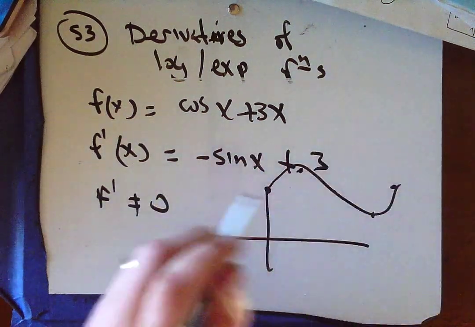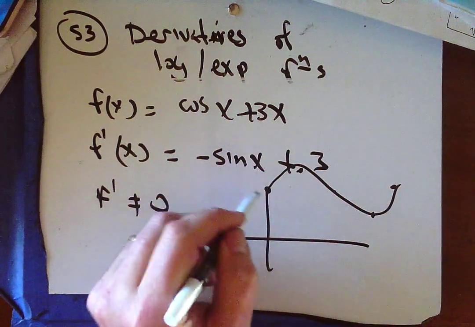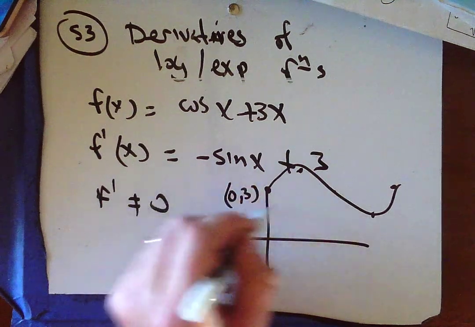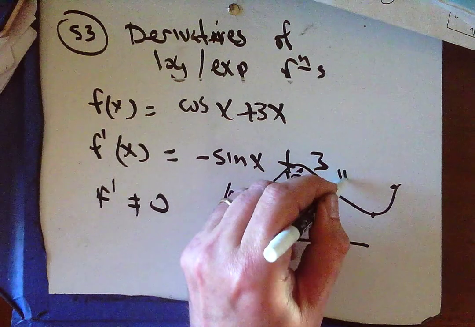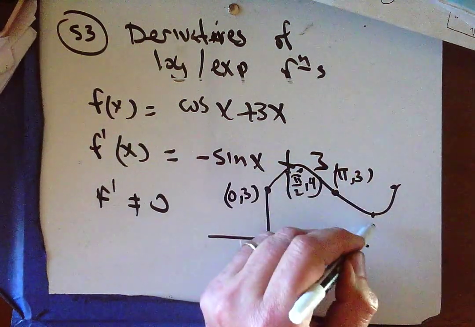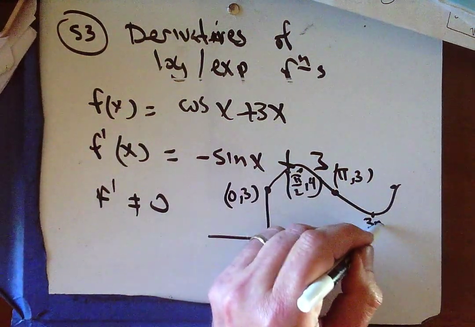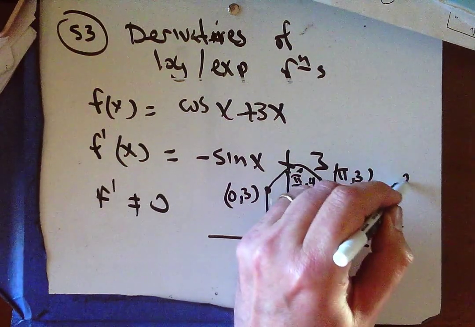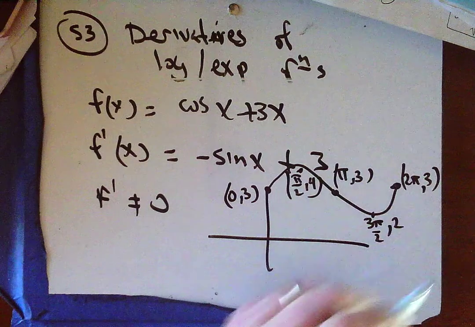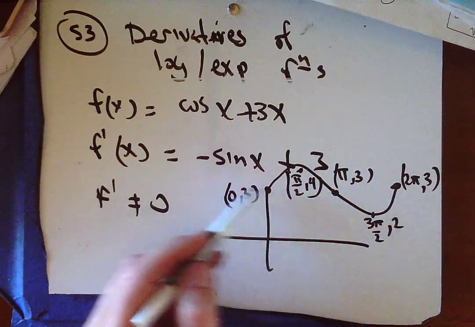And so our graph looks like this, and this is 0, 3, and this is pi over 2, 4, and this is pi, 3, and this is 3 pi over 2, 2, and over here we have 2 pi, 3. See? Look, what do you see?